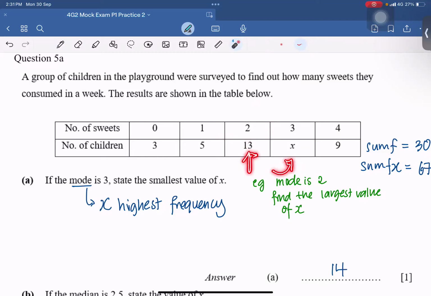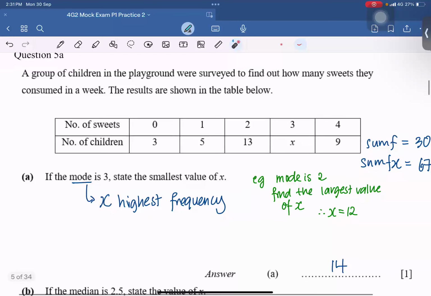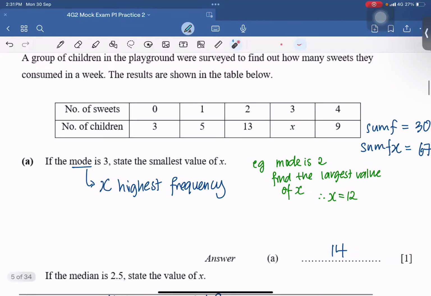Then X cannot become more than 13, then X will be equal to 12. So for this kind of question, if they ask you about mode, either they give you that this is the one with the highest frequency, or something else that's the highest frequency, find the possible value for X. So this is the answer for the one involving mode.